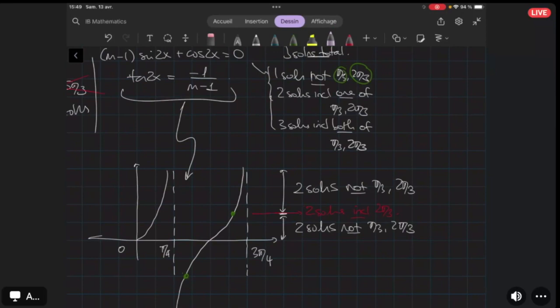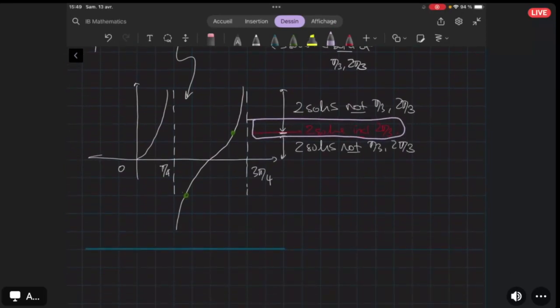So this is the case we're interested in. What other case are we interested in? Going below this, in this section, you only have 1 solution. Below this point, you also have 1 solution.